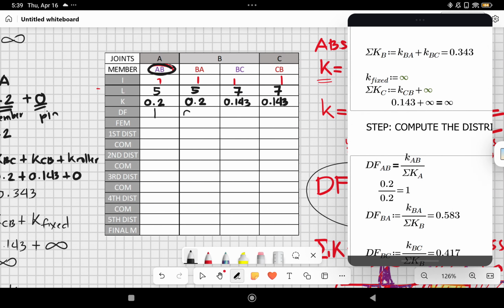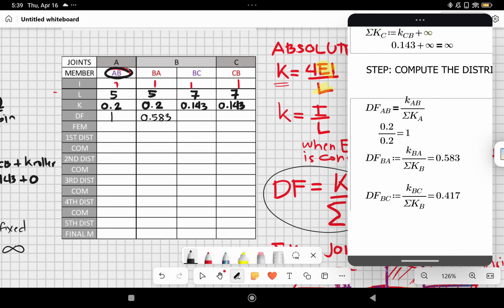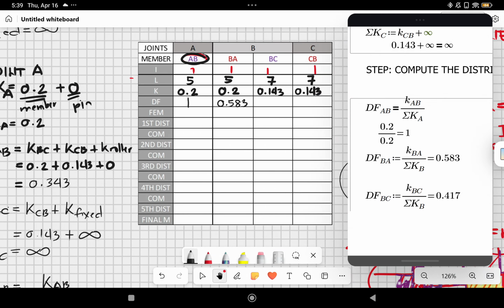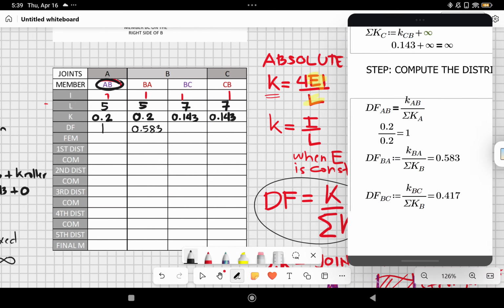So that is equal to 0.583. And then DFBC, that is KBC over summation KB, that is 0.143 over 0.343, our summation KB. So that is equal to 0.417.